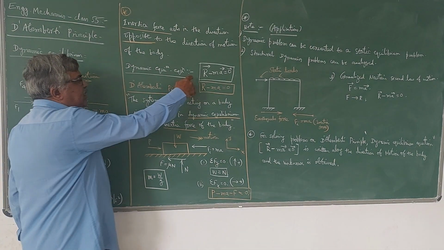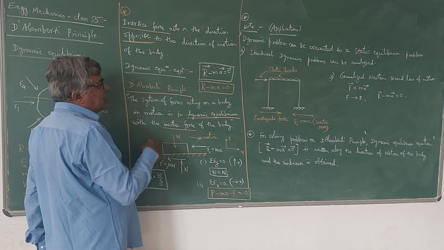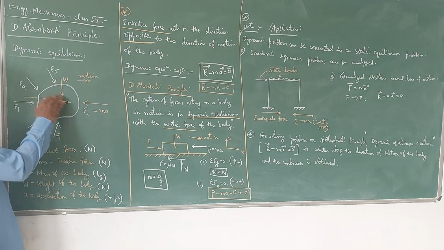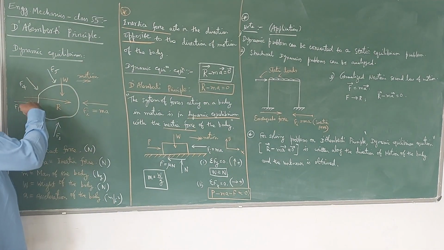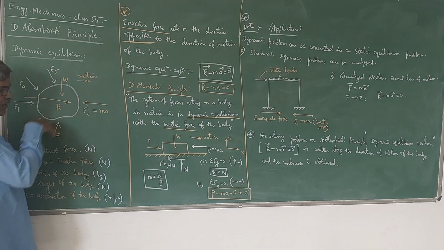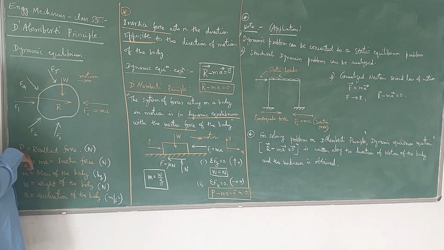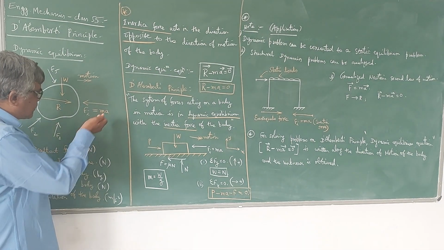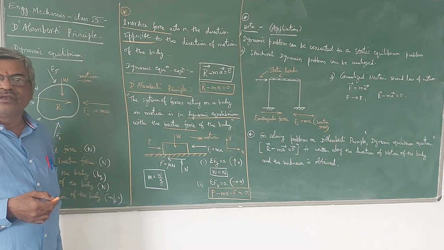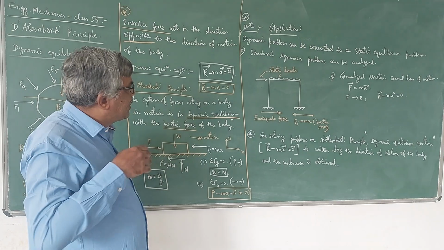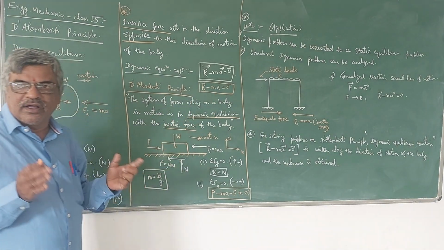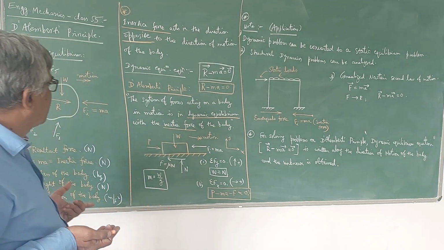If you take the resultant force as R and the inertia force as m into a, all these forces will be replaced by this R acting in this direction, which should be equal, opposite and collinear to this inertia force. Then only the body will be in equilibrium. That is why we write it as R minus m a. This R consists of so many forces.